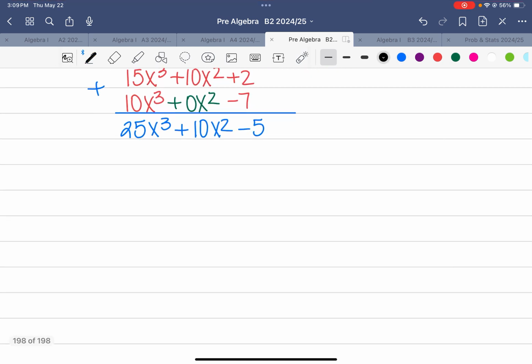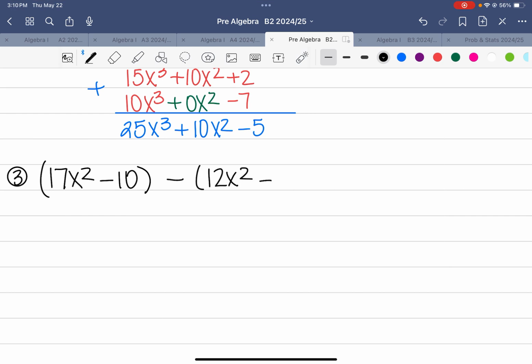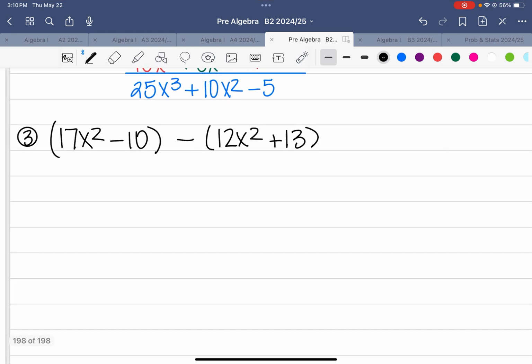I have one more that I want to do, and then that's it. Let's keep this simple. Let's go with 17x squared minus 10, and we're going to subtract 12x squared plus 13.